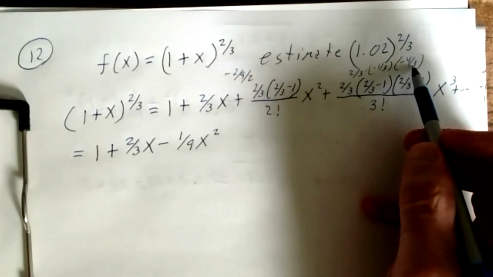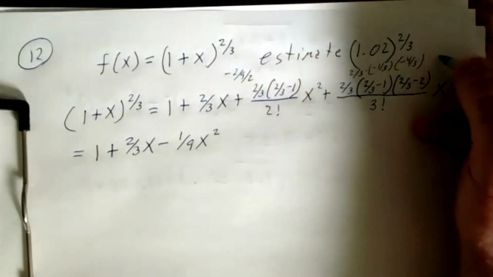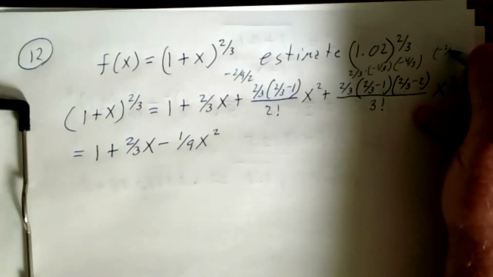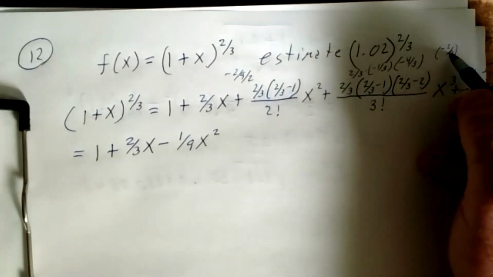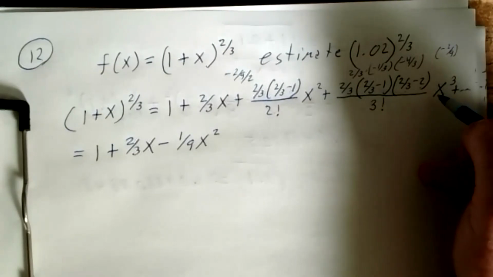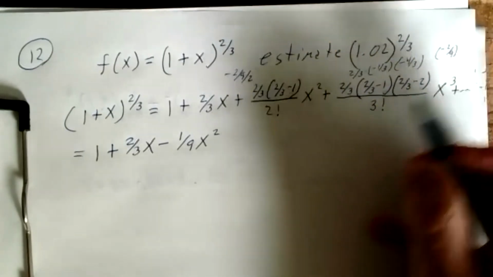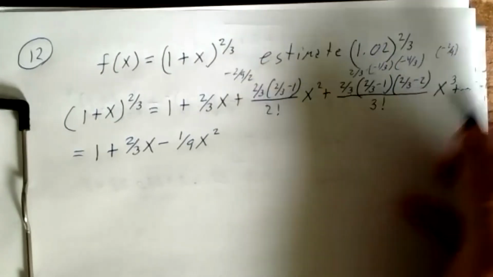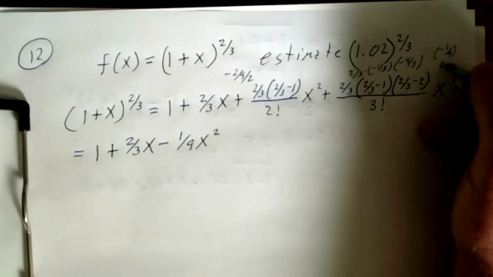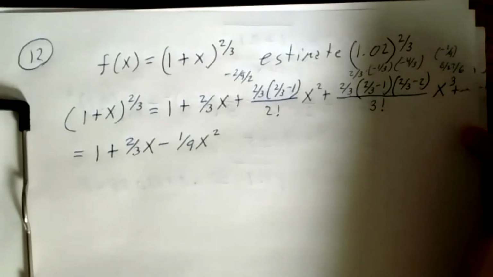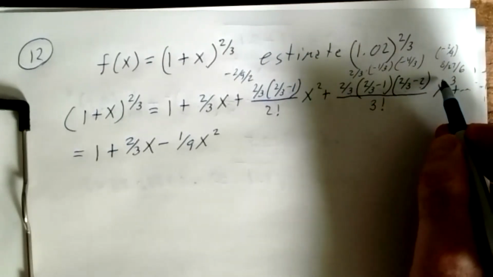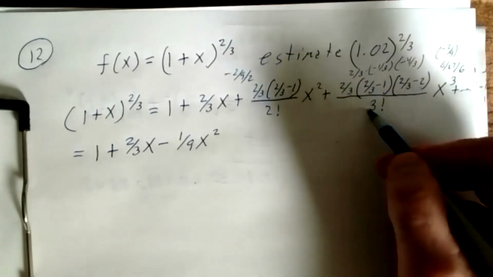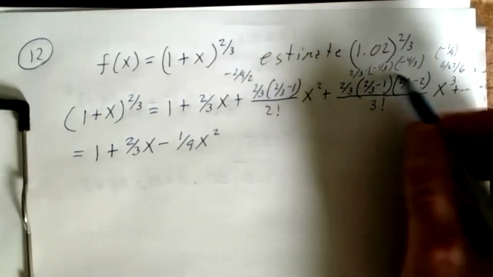Negative 2/9 multiplied by negative 4/3 is going to give us 8/27. And 8/27 divided by 3 factorial is 8/27 divided by 6.